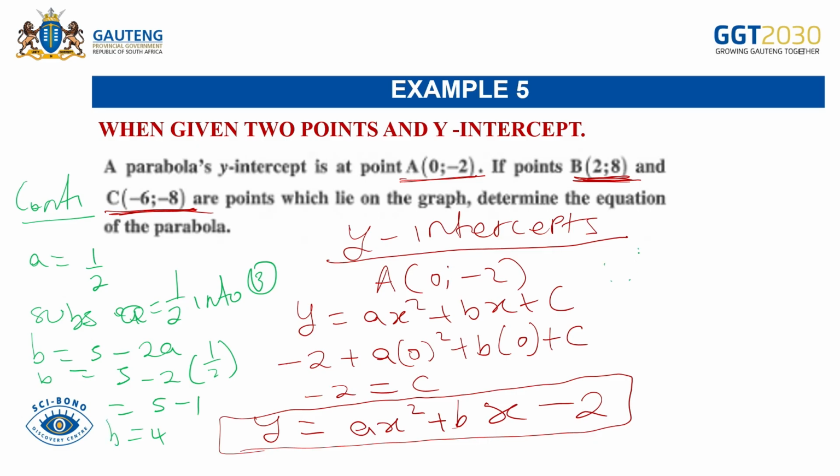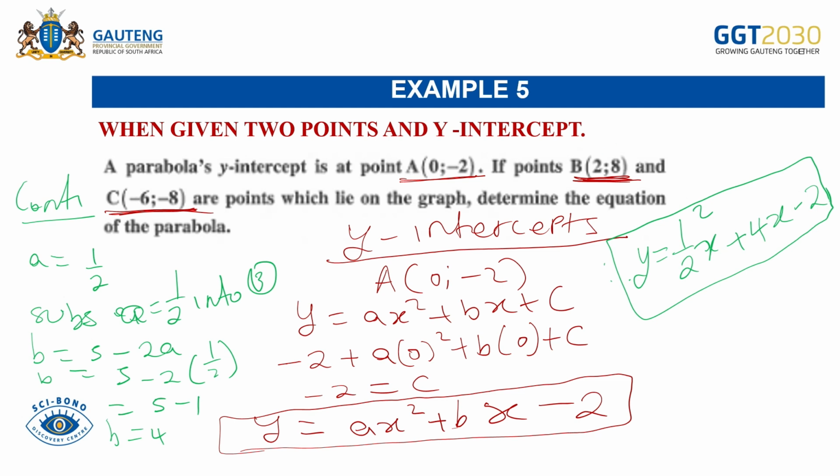Therefore, your equation will be y equals a, which is 1 over 2, x squared. Your b is plus 4x, and then your c, we said it is minus 2. Then this is our equation. So you substitute your y-intercept, then you substitute 1 point, then you'll have a and b as unknowns.